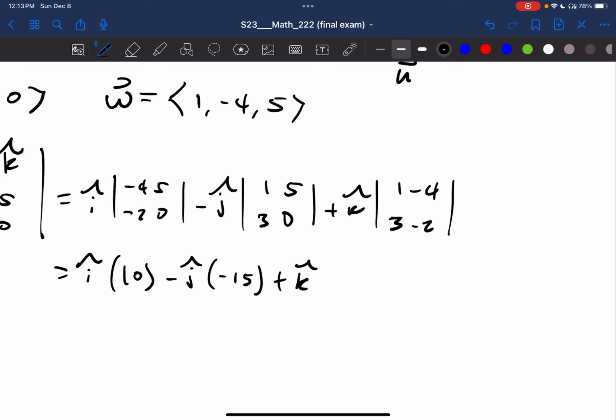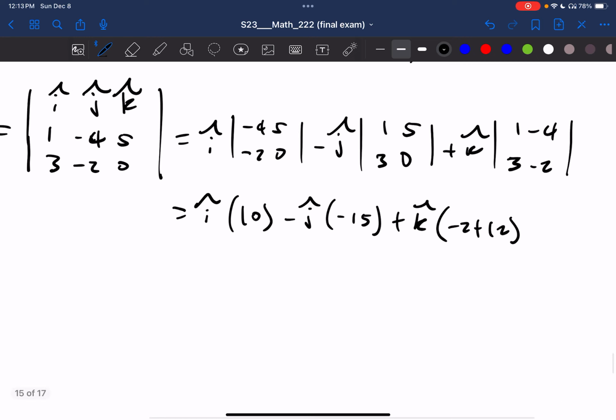Plus k. 1 times -2 is -2, minus a negative is a positive, 12. This is going to be equal to 10, 15, and then -2 plus 12 is going to be 10.